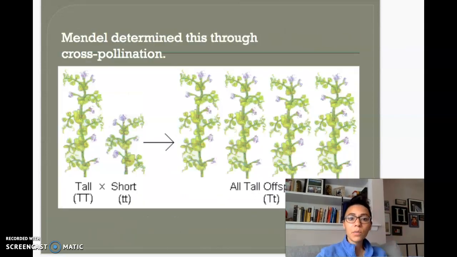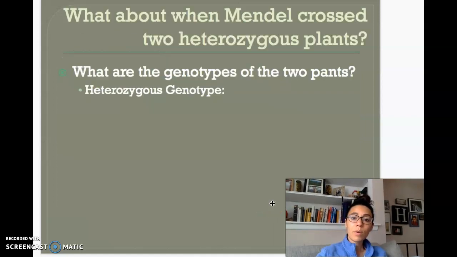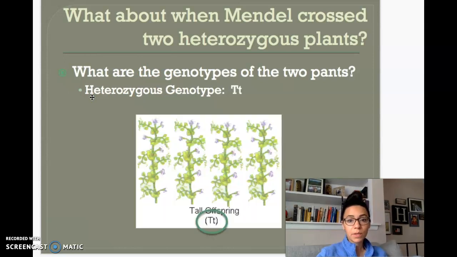So you can see here we've got the tall pea plant, the short pea plant, and all of their offspring will be tall, capital T, lowercase t. Now what happens when we cross two of those plants? Those are called heterozygous because they've got two different alleles, the capital T and the lowercase t.